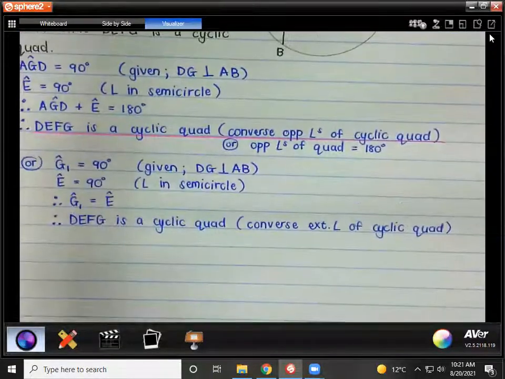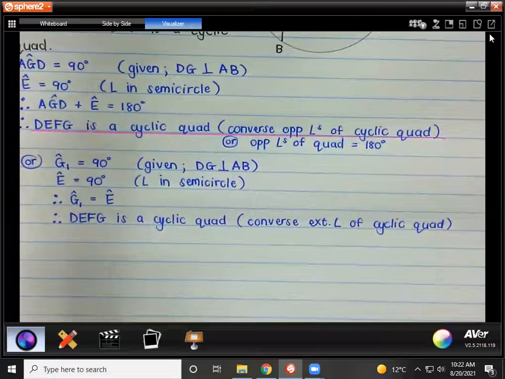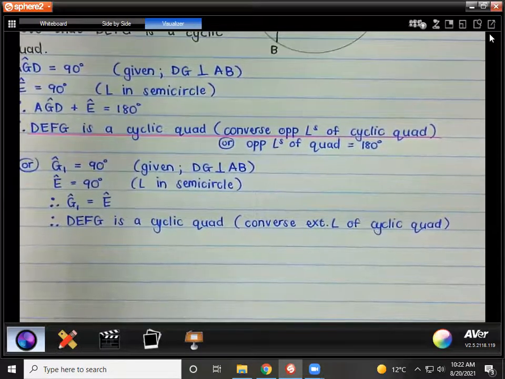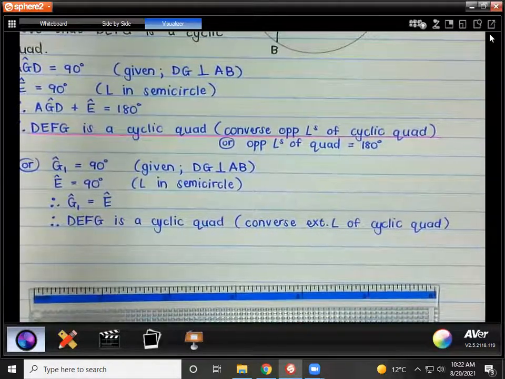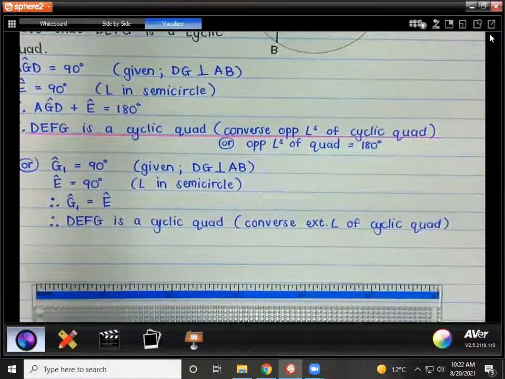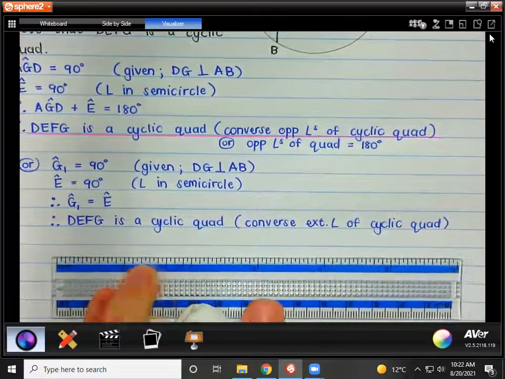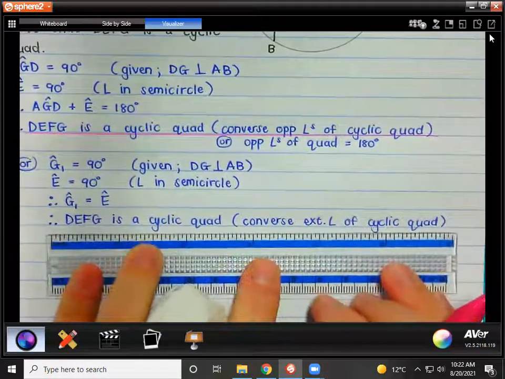So again, the same reason, but we just put converse in front of it. All right, so when we're proving that it is actually a cyclic quad, then we need to put the word converse in that reason. If they tell us that it's a cyclic quad, then the word converse is not there. Okay. Again, the reason and the statement should be in the same line.